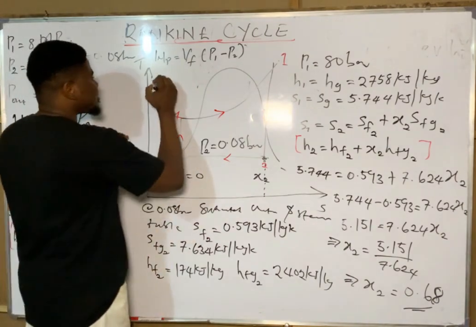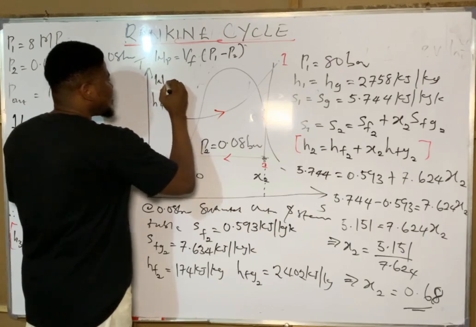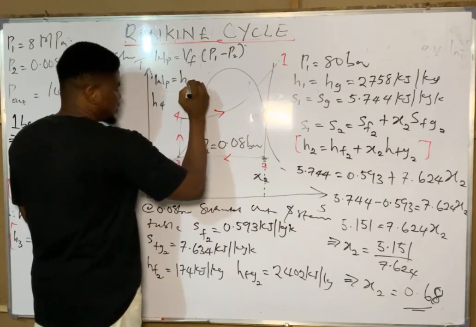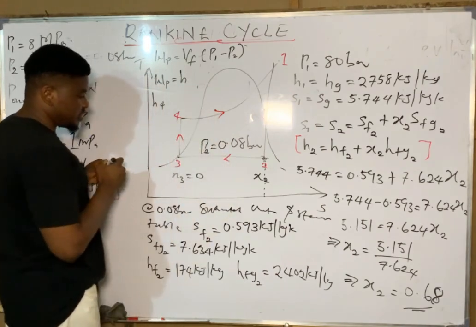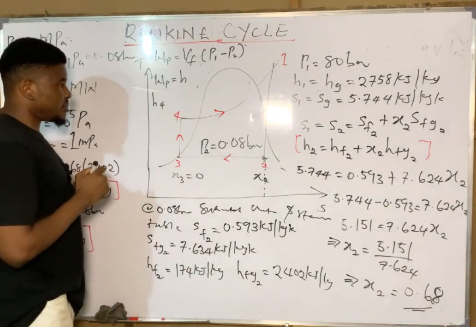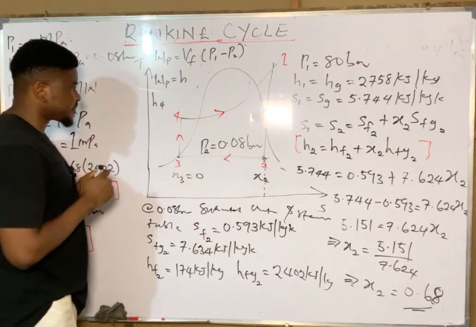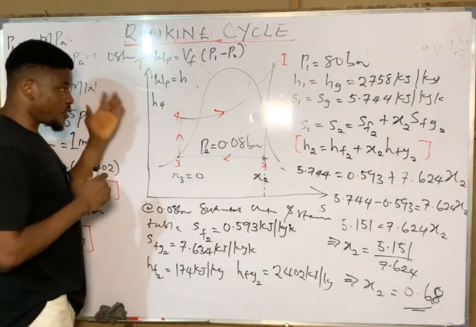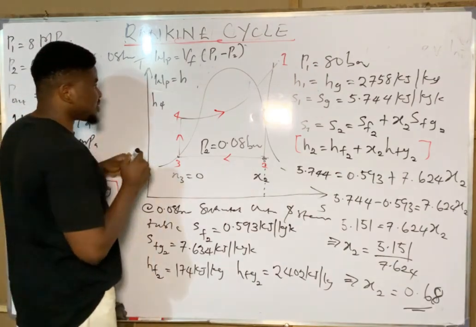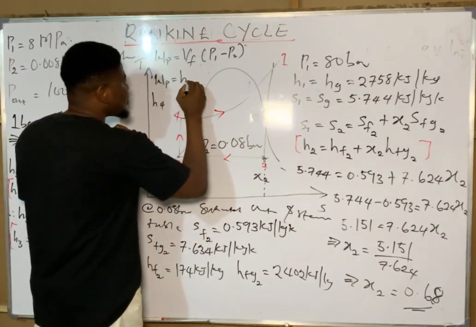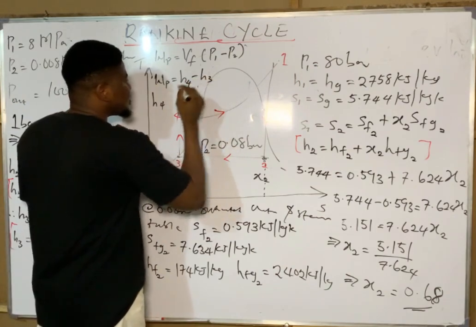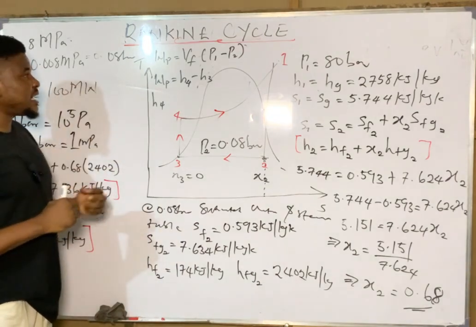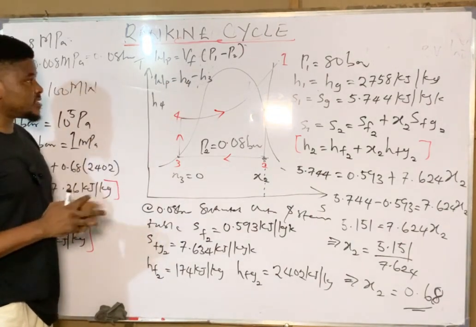Then pump work has another formula, WP equals H3 minus H4 or H4 minus H3. I think the lowest minus the highest so that you can achieve the negative pump work, because pump work is usually negative. So it becomes H4 minus H3. With this, you can now make H4 the subject of the formula and find what H4 is if you know the pump work.